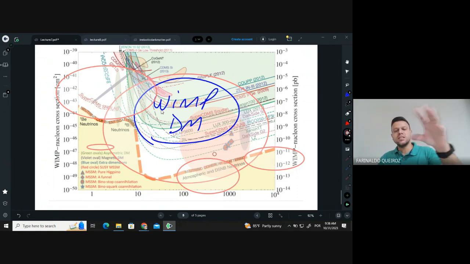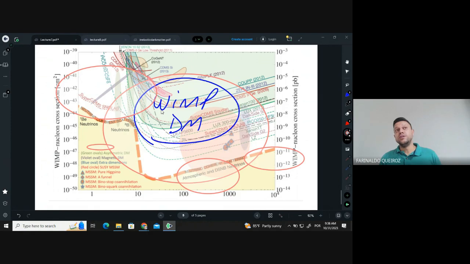This region for WIMP, historically speaking, is just a region where people from supersymmetry expected dark matter to be. So what people refer to as the WIMP region, you can just call the SUSY expected region. That's what it used to be. The WIMP searches were really heavily driven by SUSY.